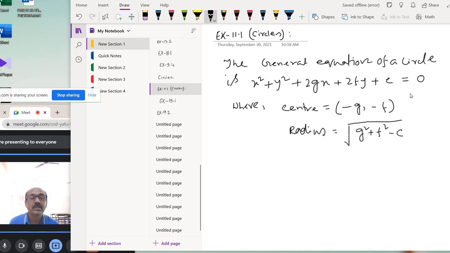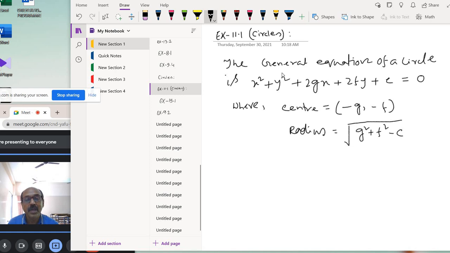So if any circle can be written as x square plus y square plus 2gx plus 2fy plus c equal to 0, where the center is minus g comma minus f and the radius is the square root of g square plus f square minus c. And see, the x square coefficient and y square coefficient are the same.